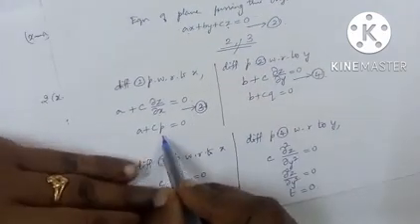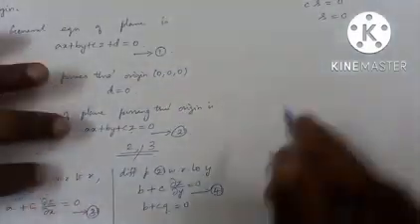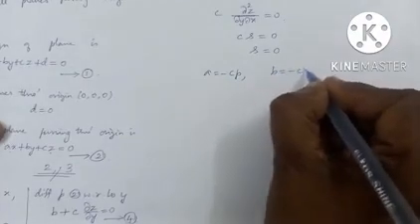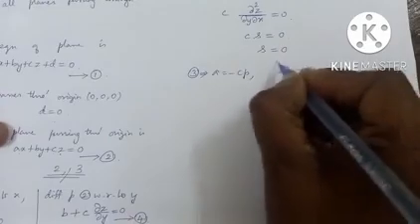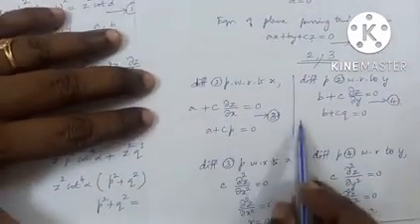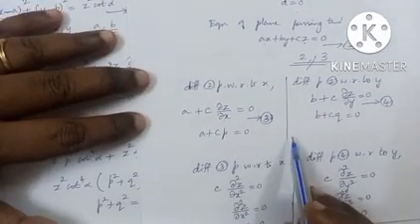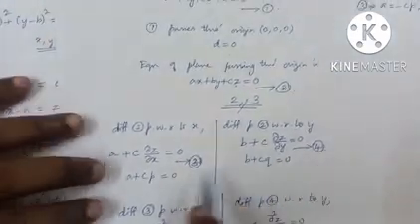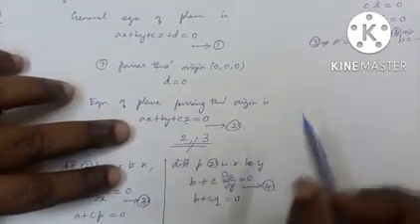So from this equation, I get a is equal to minus cp. What we have? A is equal to minus cp. B is equal to minus cq. From the third equation and from the fourth equation. Third and fourth equation I have got. So depending on your way of thinking, you will get a different solution. So let us substitute this a and b in this equation.